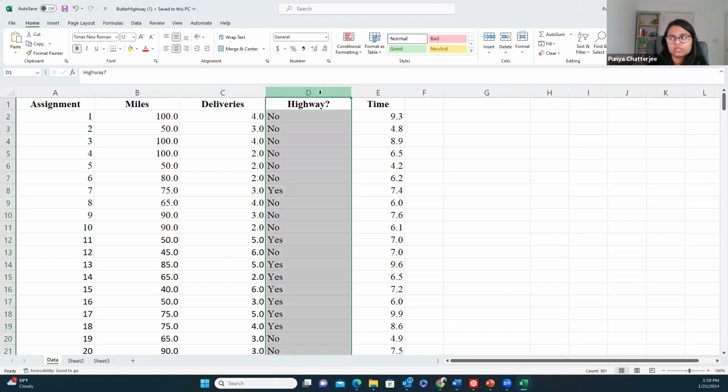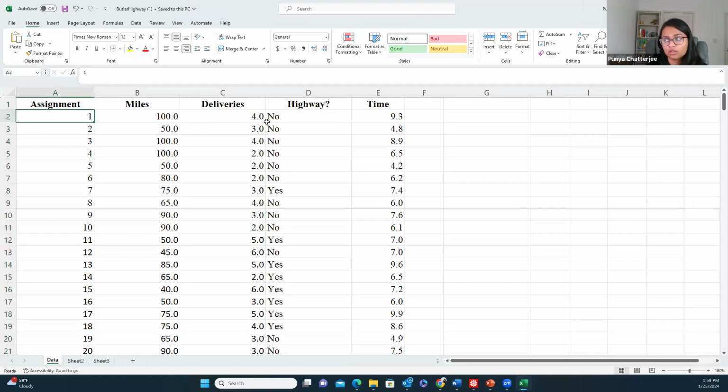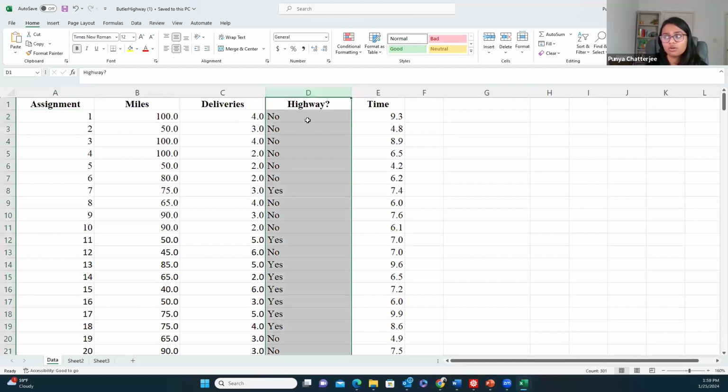What this column tells you is whether or not during this assignment the person needs to go through busy period highway traffic. So there is highway traffic during rush hour, and the manager is trying to understand whether that highway traffic impacts the travel time in any way.